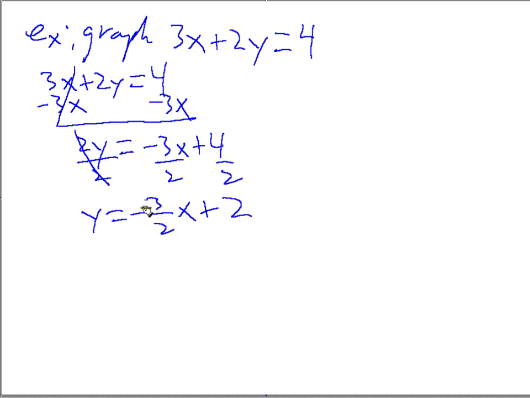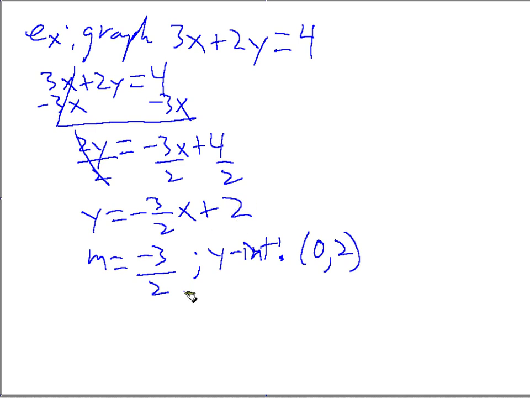So now we have what I want, mx plus b, where m is -3 over 2. And the y-intercept will be 0, comma 2, because b is 2.